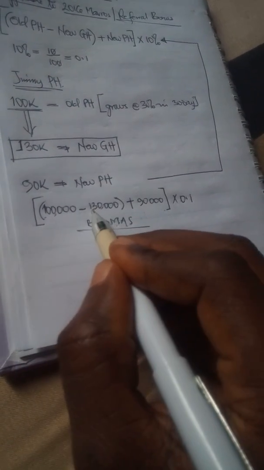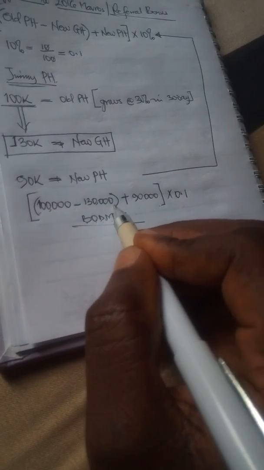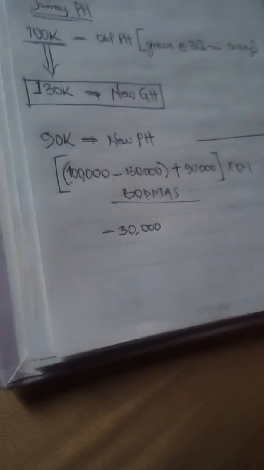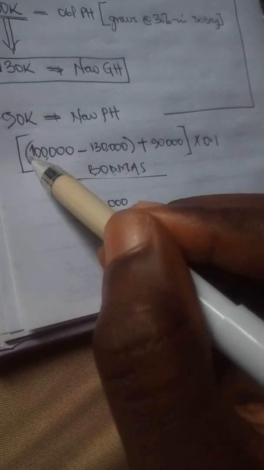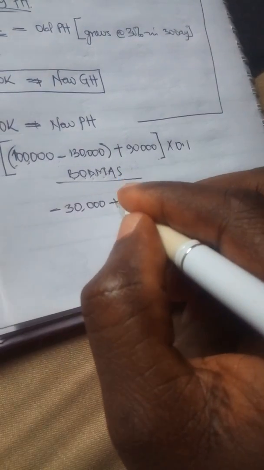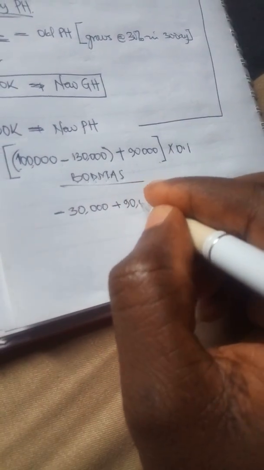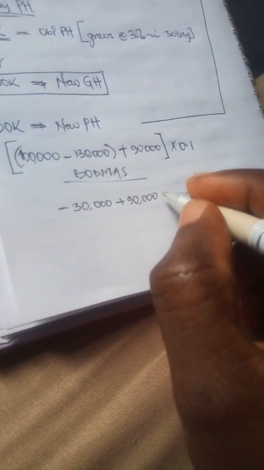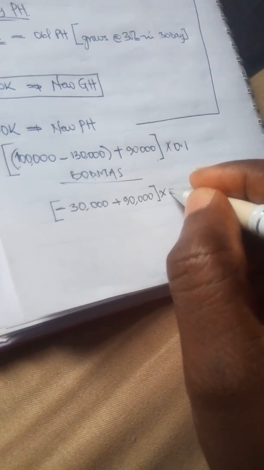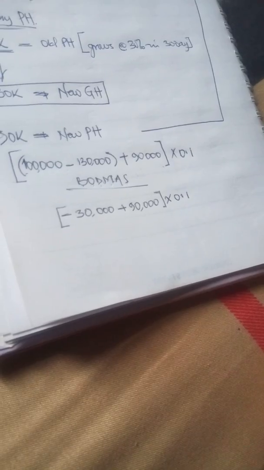100,000 minus 130,000 will give me minus 30,000 for this bracket. So the answer to this is what I'm going to add to this. So I'm just going to write plus 90,000, multiply by 0.1.